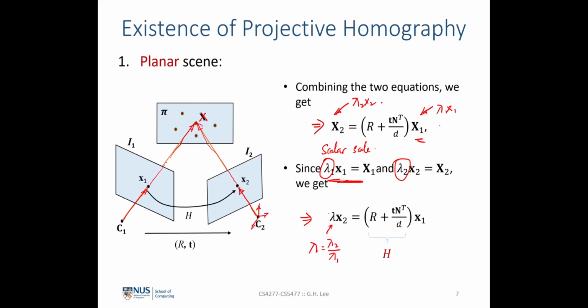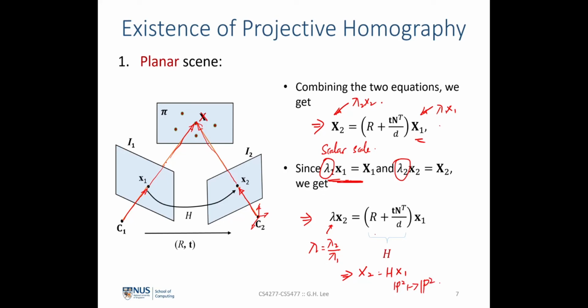And finally, I'll be able to get this equation, which is up to a certain scale. Ignoring the scale, I would obtain the equation x2 equals H multiplied by x1 over here, which is the projective transformation equation that we have seen earlier that maps a point in the P2 space to another point in the P2 space here.